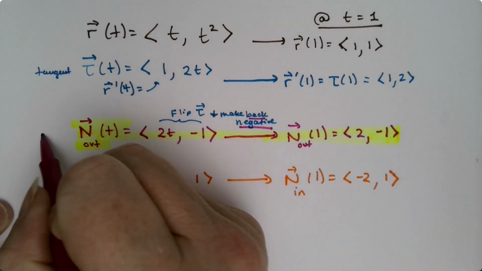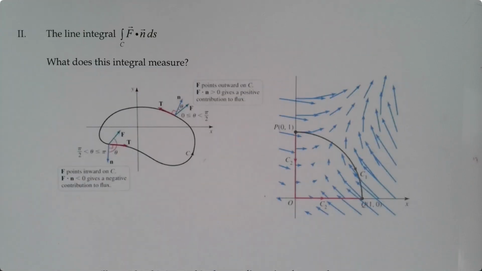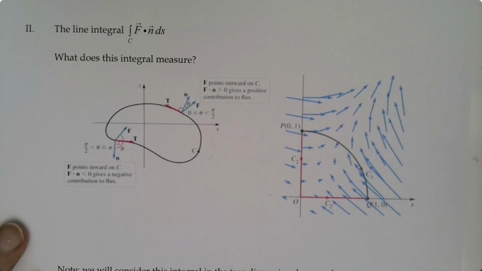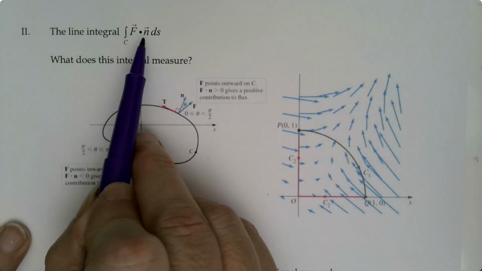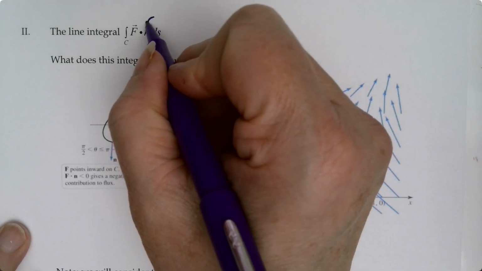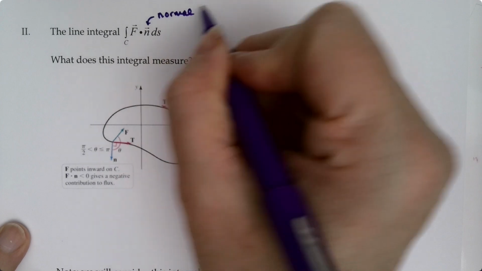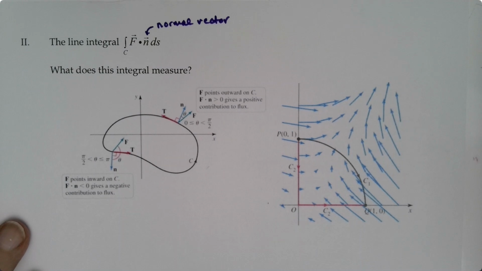So let's start this. We're interested in the outward flux, as a matter of fact. We saw what happened when we took the line integral with the vector field dotted with T, where T was the tangent vector, but n is a normal vector. Now, what's this going to give us?